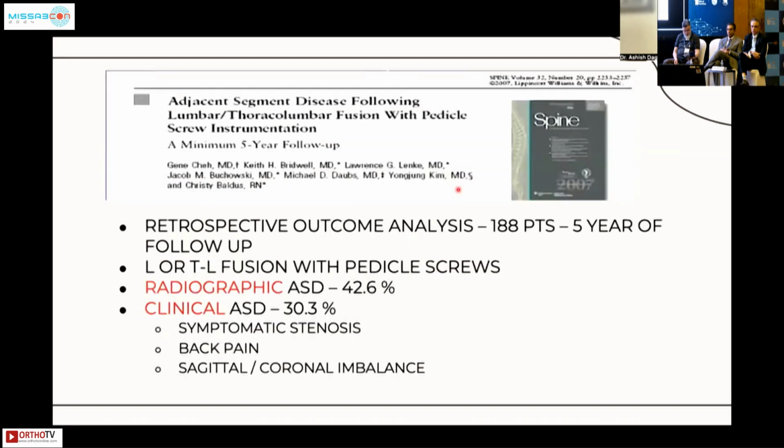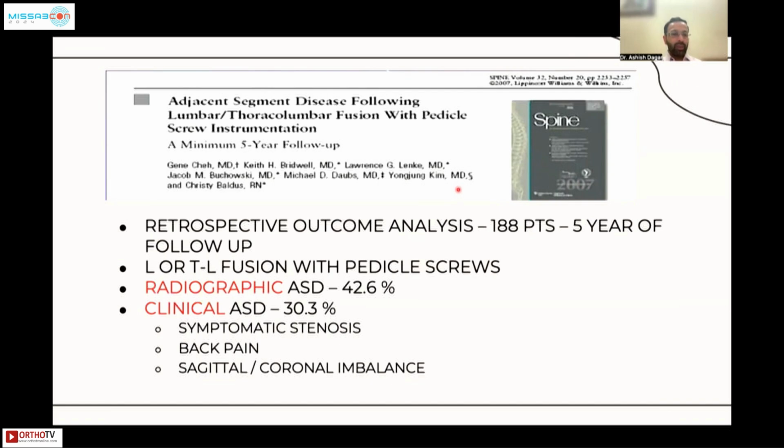There are different clinical studies which show the significance of adjacent segment disease. This study published by Jean et al. showed that there is an incidence of around 42% of radiologically significant adjacent segment disease after fusion in lumbar or thoracolumbar spine.